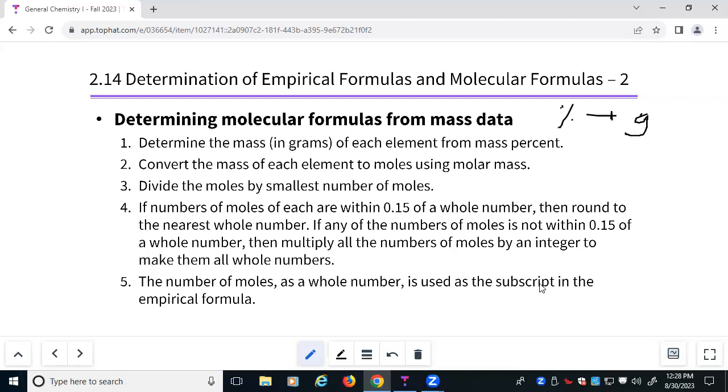The second step is to convert the grams into moles using molar mass. From there, this third step, we're going to divide the moles by the smallest number of moles. Why are we doing that?